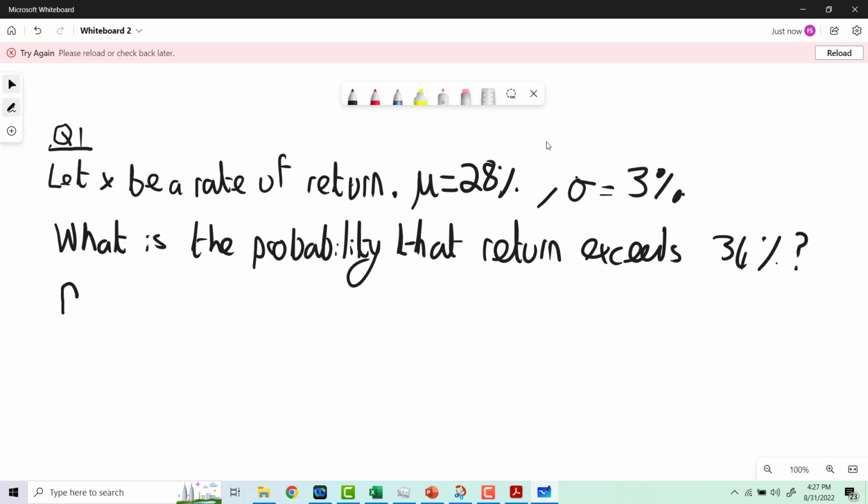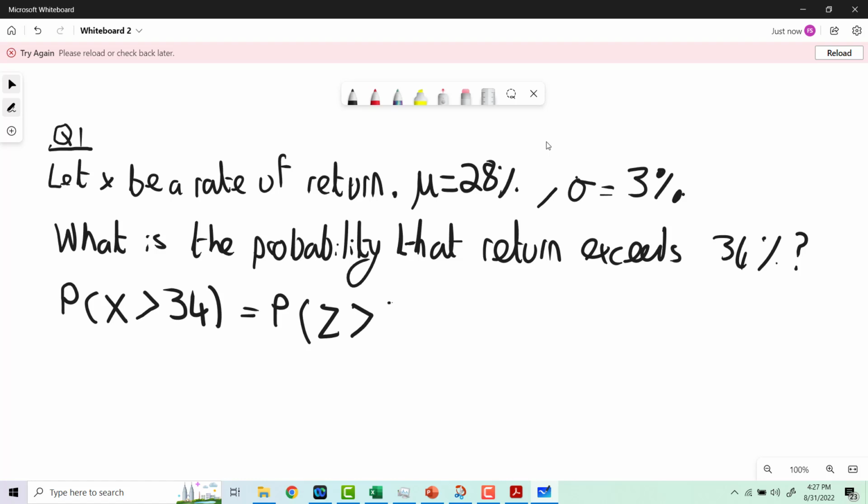So we're going to do the probability that x is greater than 34. We could also say that this is equal to the probability that z is greater than, and how do we convert it to the z?